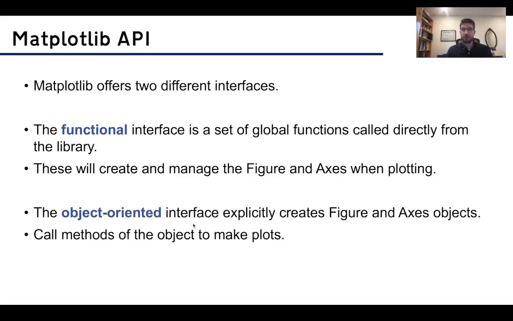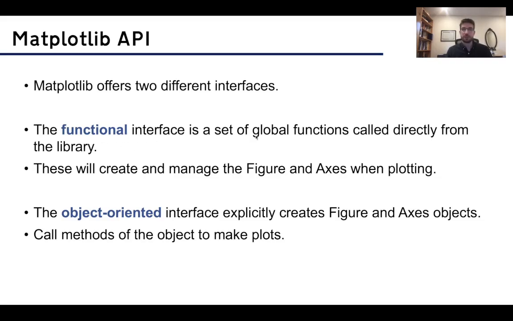Matplotlib's object-oriented interface explicitly creates these figure and axis objects, and then you call methods on the objects to make your plots. At the end of the day, you can do exactly the same thing in your functional interface that you can in your object-oriented interface. They have almost exactly the same functionality between them.